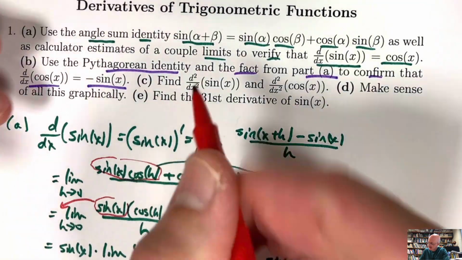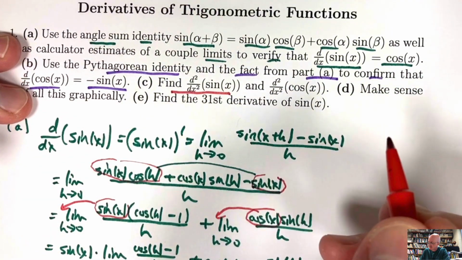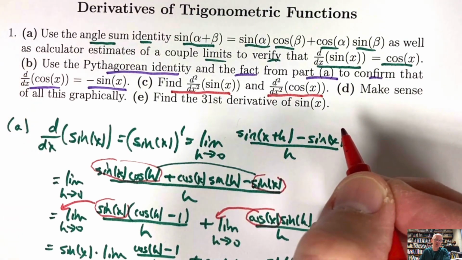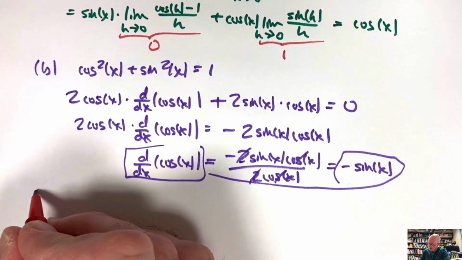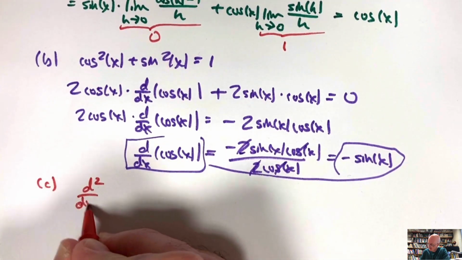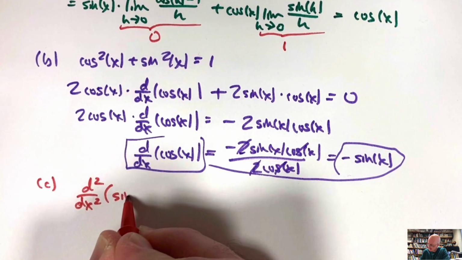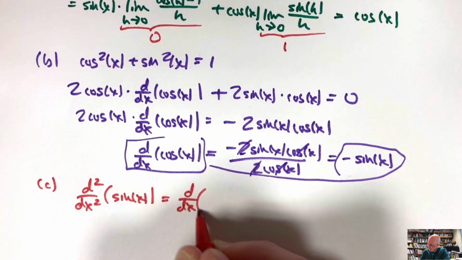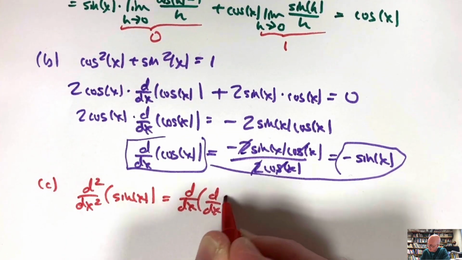Find the second derivative with respect to x of sine of x and the second derivative with respect to x of cosine of x. Well, the second derivative of a function is the derivative of the first derivative. So the second derivative of sine of x is the derivative of sine of x.